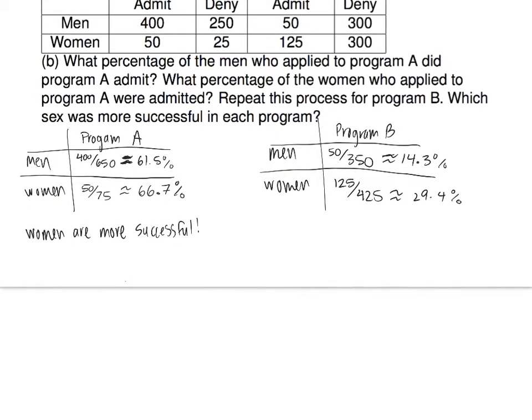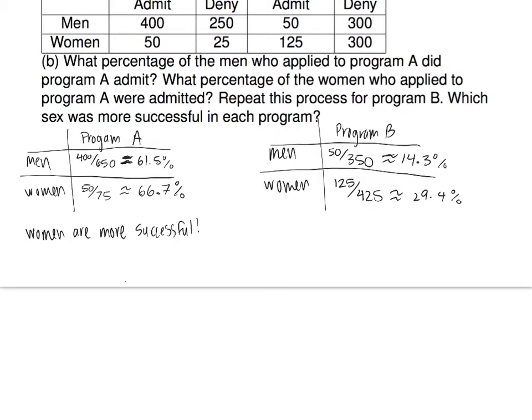Basically, they just pile all the information together as a whole for the entire university, which is probably a reasonable way to get information the first time through, right? In this case, the point of this sort of paradox is that you just have to check. Does that make sense? You have to check and see if I separate stuff out into subgroups, does the relationship reverse? It's a possibility.